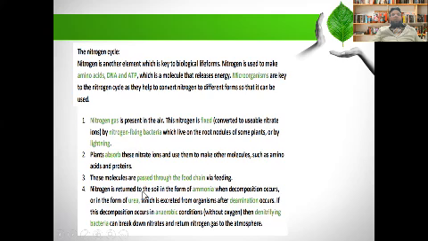Nitrogen is returned to the soil in the form of ammonia when decomposition occurs, or in the form of urea, which is excreted from organisms after deamination occurs. If this decomposition occurs in anaerobic conditions, which is without oxygen, then denitrifying bacteria can break down nitrates and return nitrogen gas to the atmosphere.